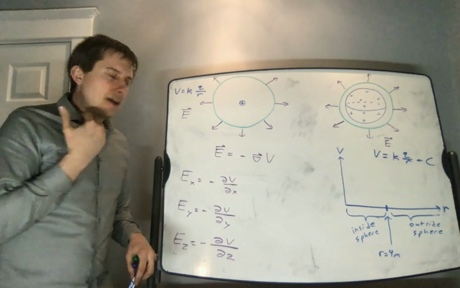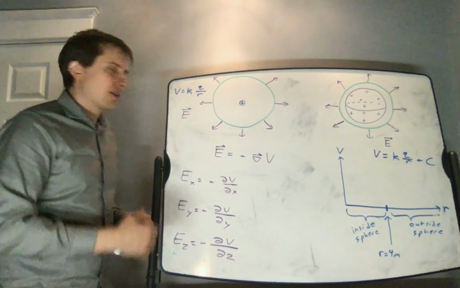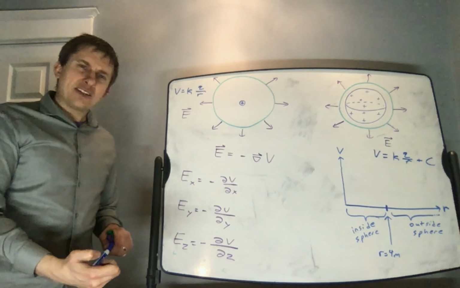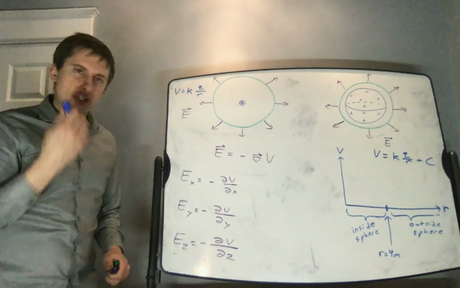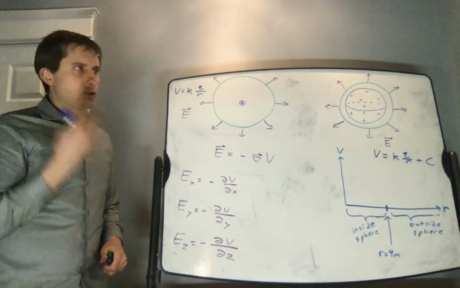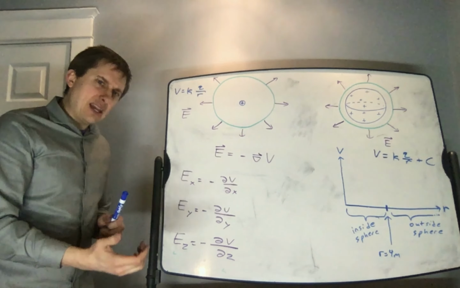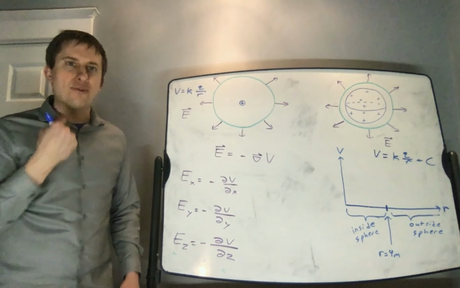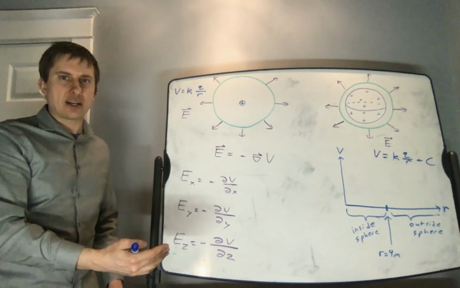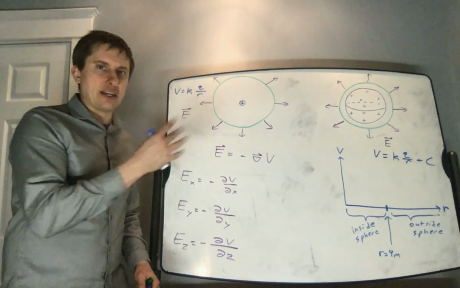Now, let's think about this constant for a moment. What do we want to do with it? Well, we would like to say that if you are infinitely far away from a charged object, that charged object should not be able to affect you. So we have a certain degree of freedom, and we could choose that if you are infinitely away from a charged object, the electric potential due to that object should be equal to 0.